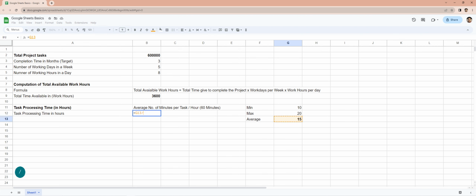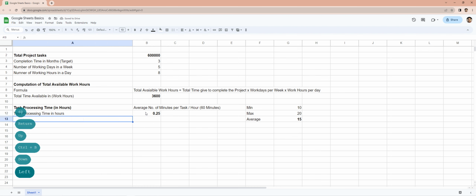So average divided by 60 is what I'm putting in, because that is a fixed number of minutes we have in an hour. That brings it to 0.25 hours per task. Now we need to compute the required work hours in order to determine the headcount required to complete the task within 3 months.